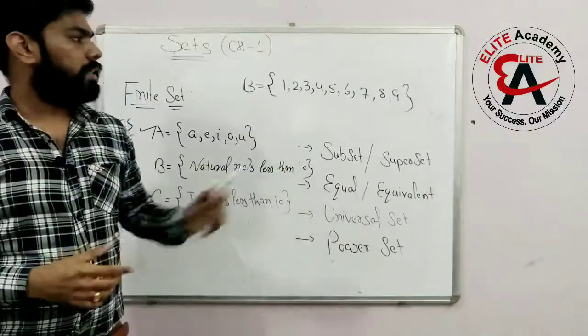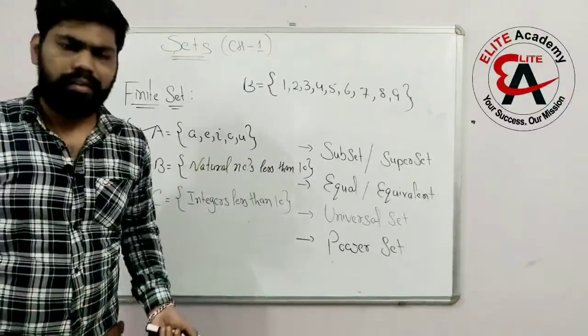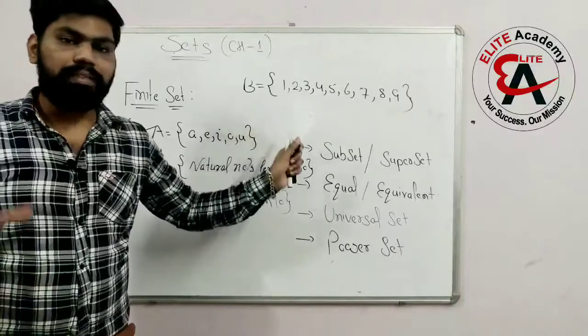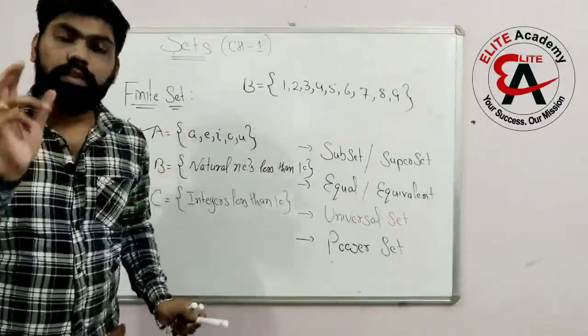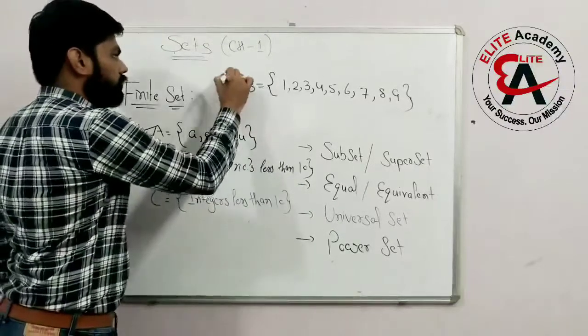Now how many elements are there? 9. What is the cardinal number? 9. That means again set B has elements which are countable. So again this is a finite set.